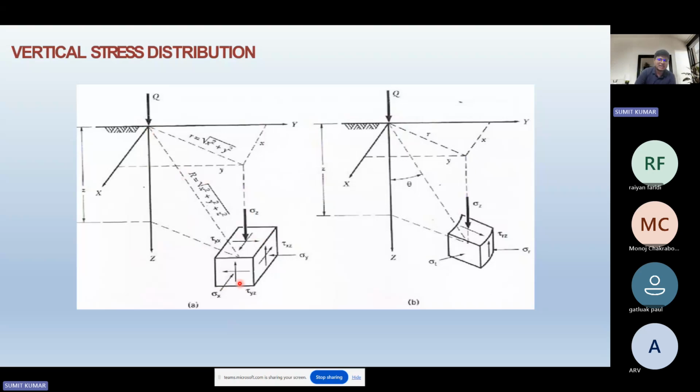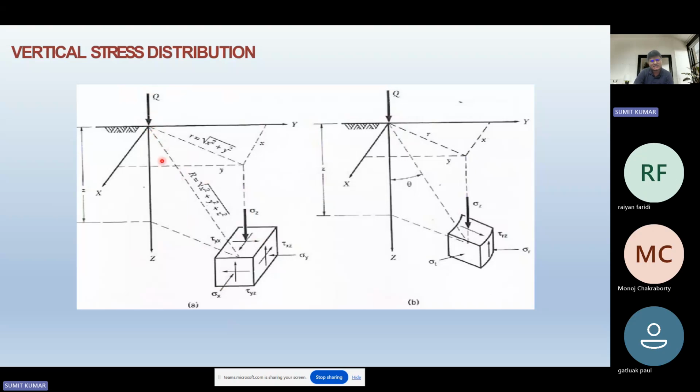So for the three-dimensional space, if load Q is applied over here and we want to calculate the stress at any cross section at distance x, y, and z, we calculate the value of r as root under x square plus y square plus z square.